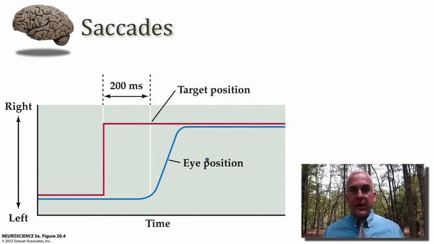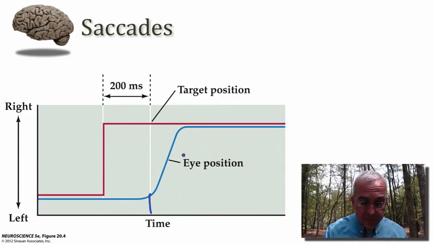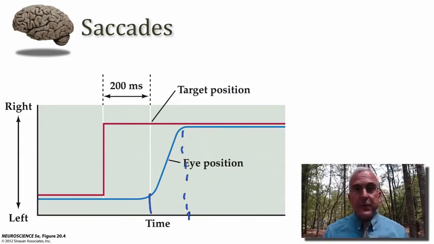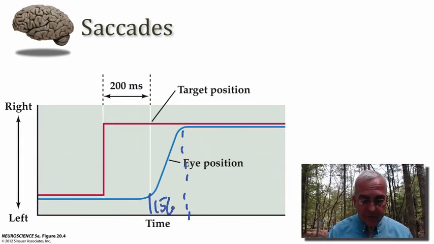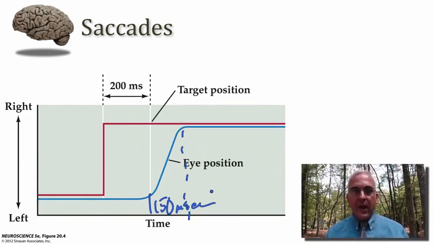Now, one feature of saccadic eye movements that I really do want you to demonstrate for yourself is that during this period of time, when our eyes are actually moving, maybe about 150 milliseconds of motion here in this particular example, and that's pretty typical for how long we're moving our eyes during a typical change in fixation, we are functionally blind during that time, at least with respect to our conscious visual perception.